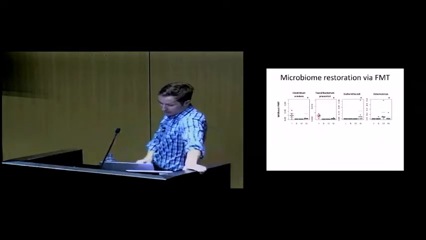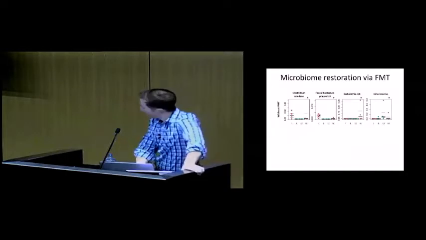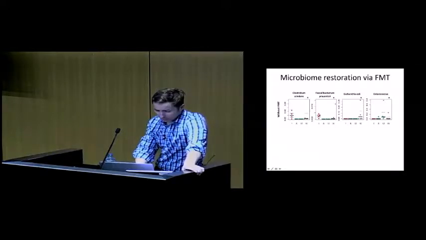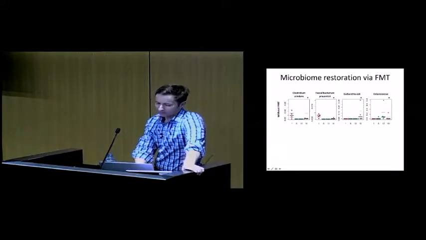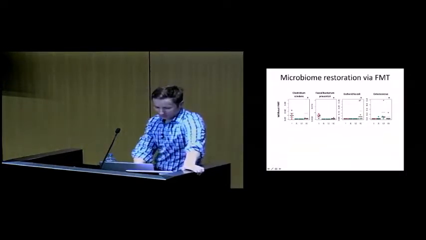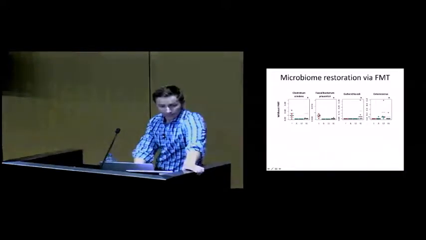And we can see that in the mice who don't get FMT, they lose some of these potentially beneficial microbes like Clostridium scindens. There's that Fecalibacterium that I mentioned earlier. And they're picking up microbes that often are the ones that infect patients, Enterococcus and E. coli.